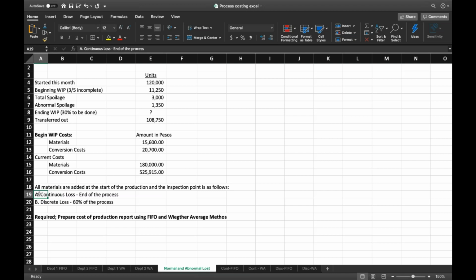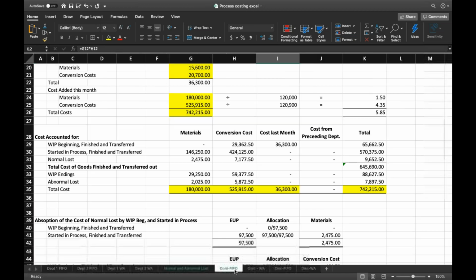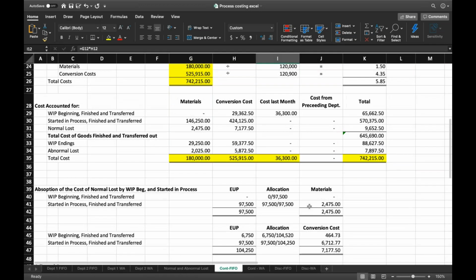Kaya hindi siya pwedeng mag-share dun sa loss units because the loss unit is only identified at the end. Kaya yung buong 2,475 will be shouldered only by the started in process, finished, and transferred. So yung 2,475 will be added to the cost of the started in process, finished, and transferred.